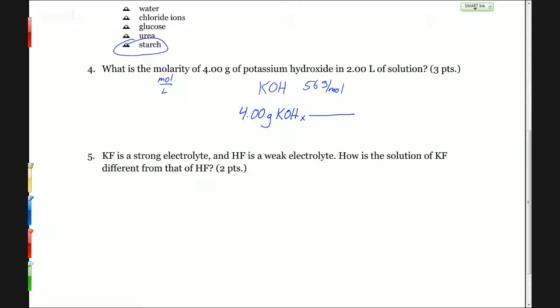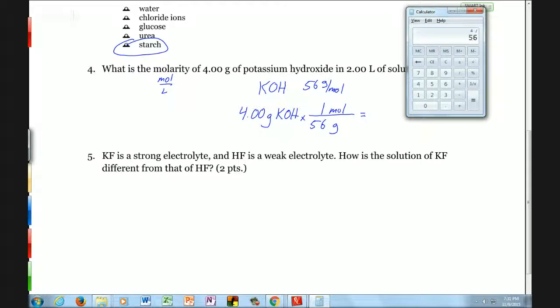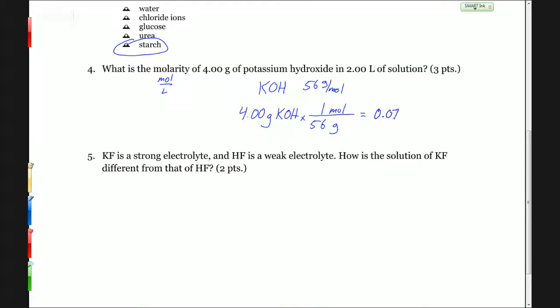Four grams, 56 grams per 1 mole. Tells us that we've got 0.071 moles.